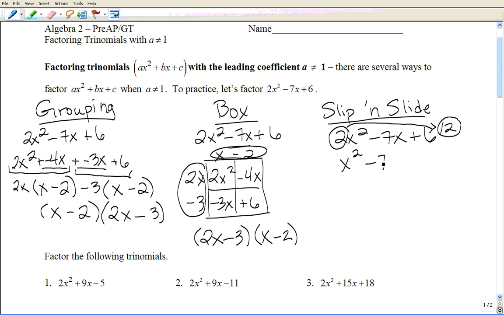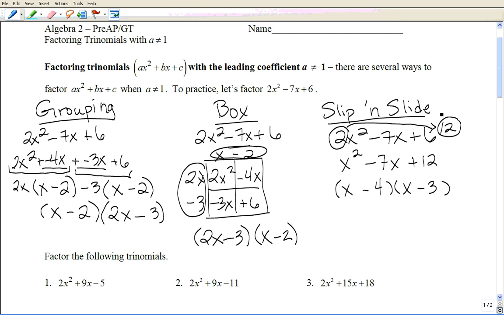The middle term stays the same, minus 7x. And then I'm going to write that 12 instead, so plus 12. Then you factor this like you normally would. So I get x here and x here. So what factors of 12 add up to negative 7? Well, it's negative 4 and negative 3.